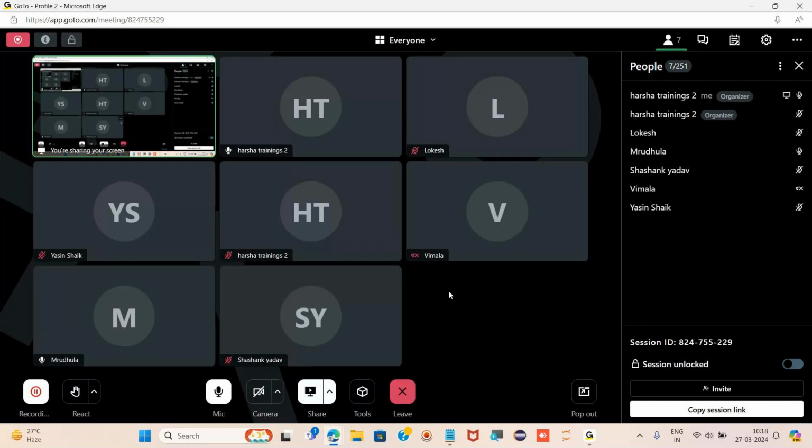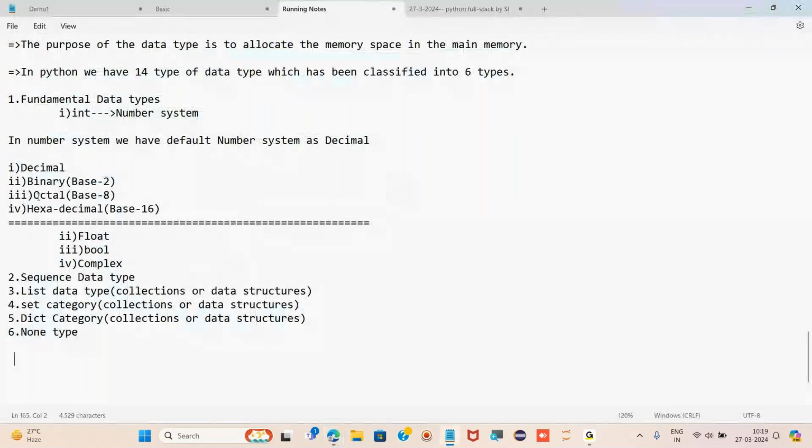So today we are going to see these two things, octal and hexadecimal. How we can convert octal into decimal or decimal into octal. Also conversion of octal into decimal and decimal into octal.